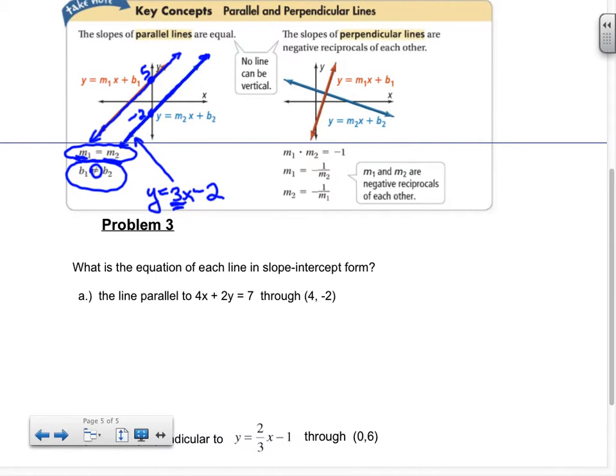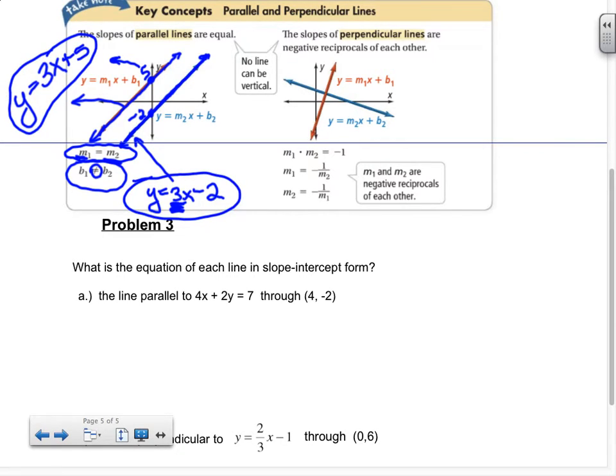What would this line have to be then? y equals, and because this line has a slope of 3, this other line would have a slope of 3. The y-intercept, 5. So notice parallel lines basically have two things that happen. The slope is exactly the same. That's one. And the other thing I just want you to notice is, yes, the y-intercepts will be different.